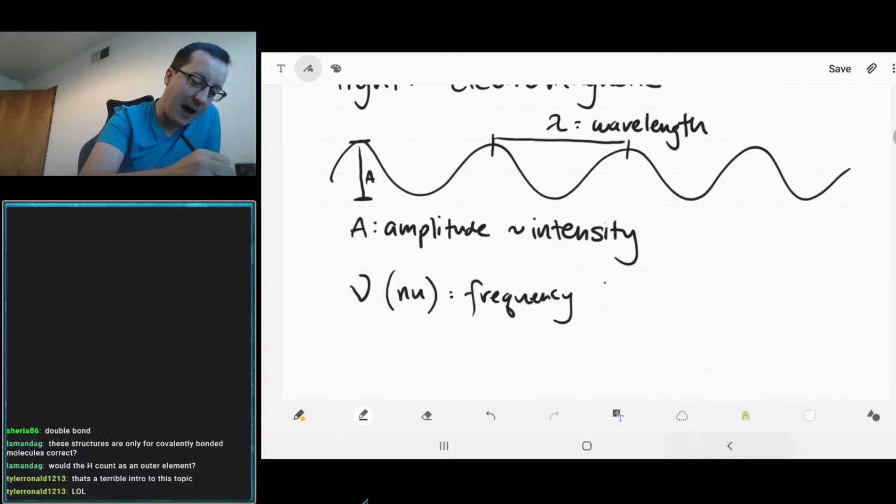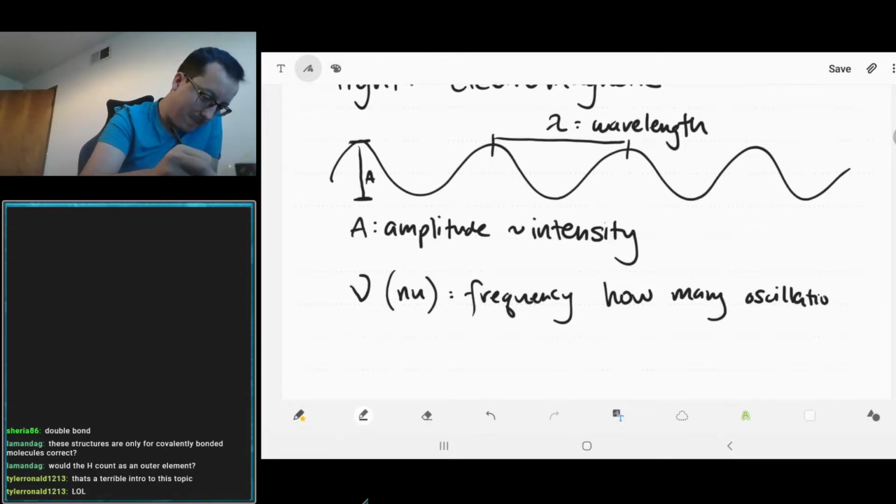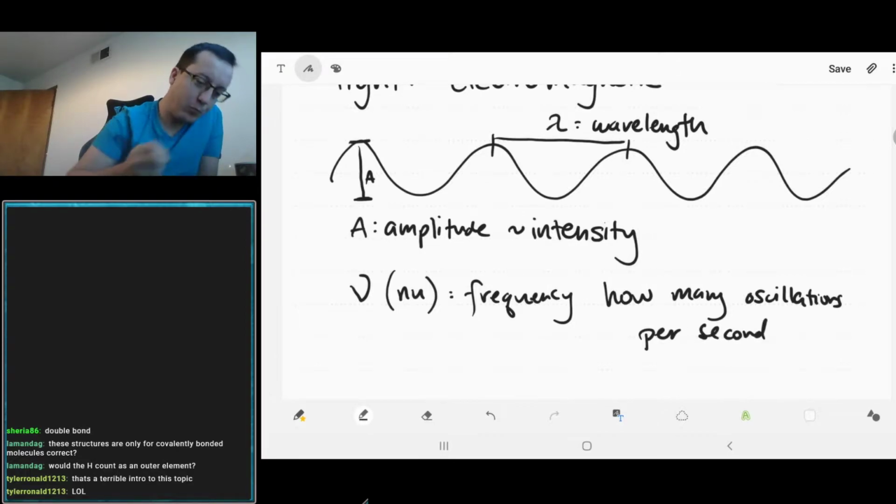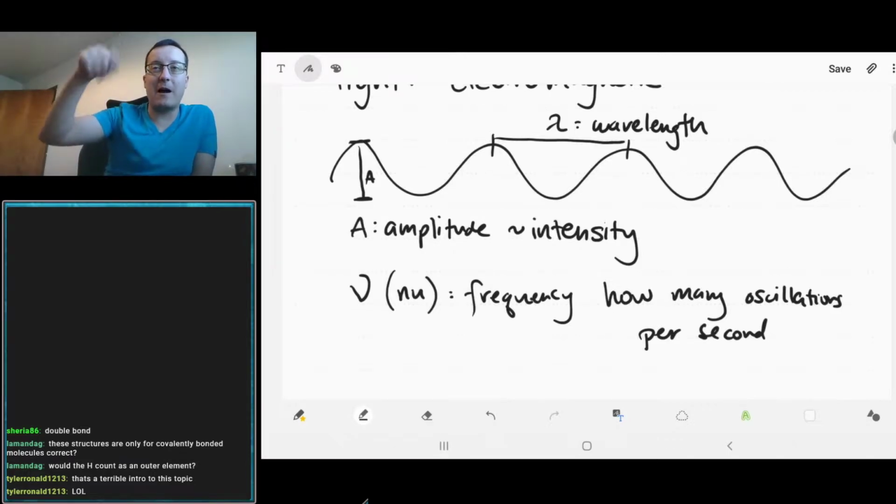Which is how much time or how many oscillations per second. And that's basically saying how fast it is going up and down in a given amount of time, which is typically a second.